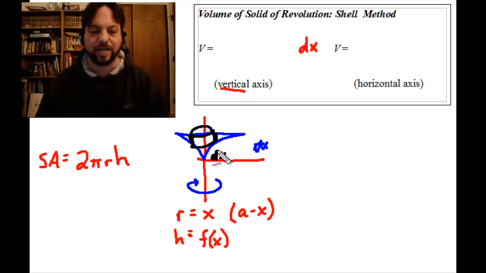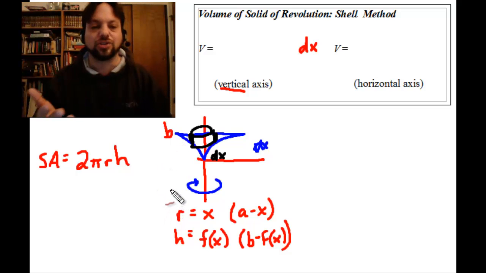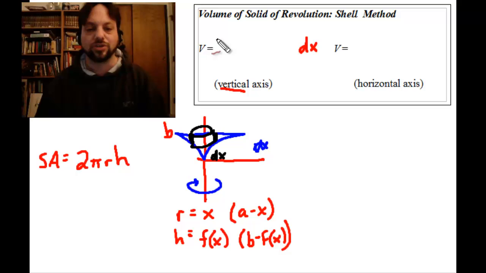In this particular case, because there's empty area underneath, the height would actually be b minus f of x, where b is the upper bound right here. So it takes a lot of getting used to, but really in each problem, all you need to do is figure out, is this a dx or a dy problem?